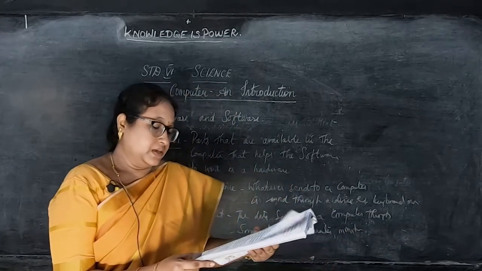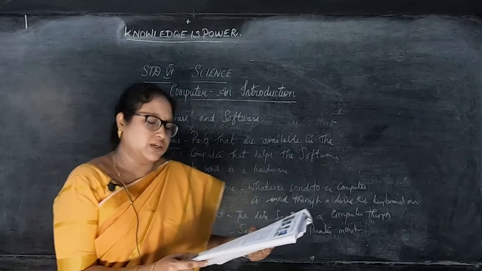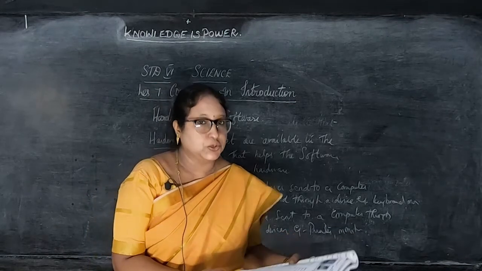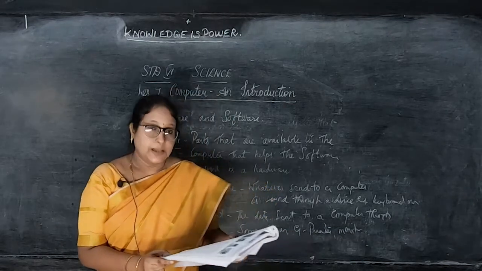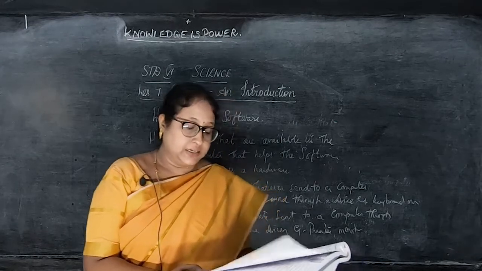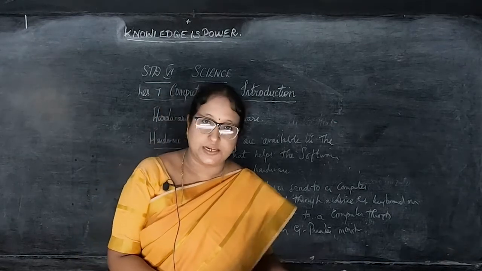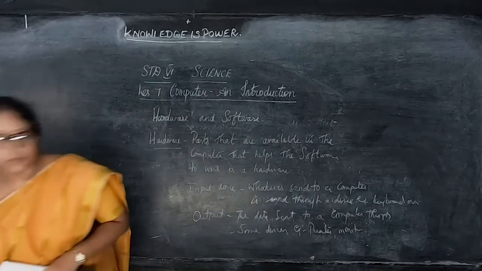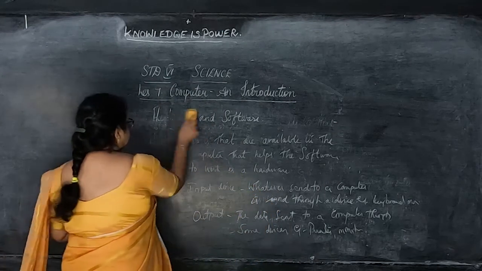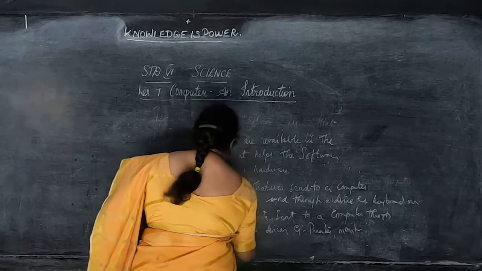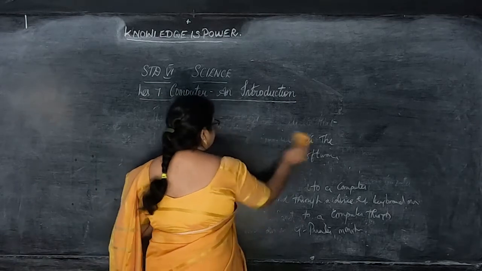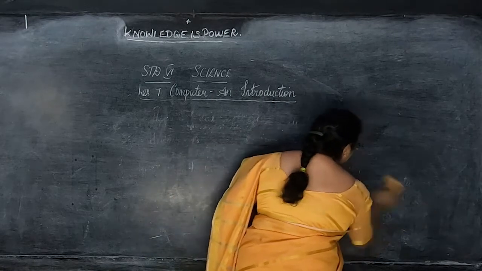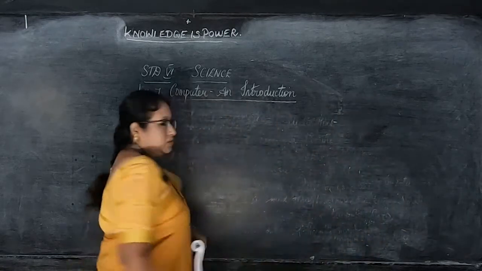Then Nancy said, okay sir, then what is CPU? Teacher said, it's the central processing unit. C stands for central, P for processing and U for unit. That is CPU, central processing unit. So let's see about the CPU now. So what is CPU? I said, children, central processing unit.